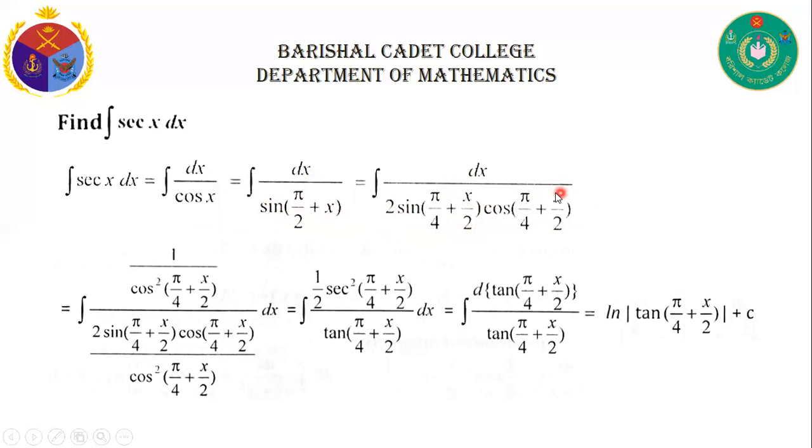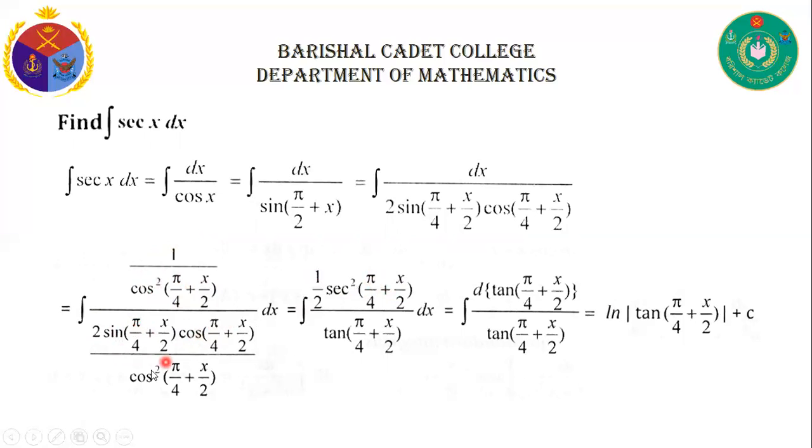Then we divide the denominator and numerator by cos square of pi by 4 plus x by 2. After dividing we get 1 by, so this is sec square of pi by 4 plus x by 2, and a half should come.